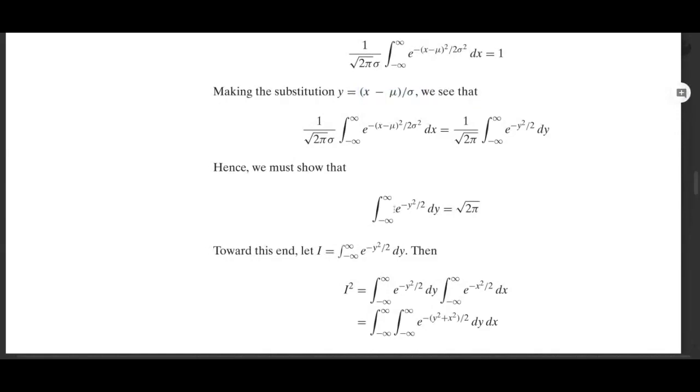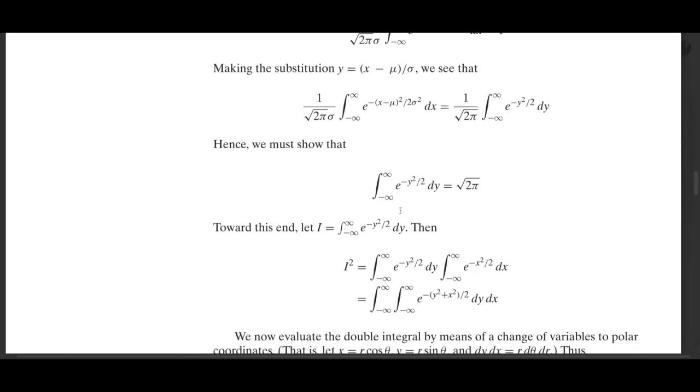But then we need to show this equals square root of 2 pi. How do we show it? We're going to make I squared. So let's call this one I. Then we'll calculate I squared. I squared, basically we have two of these, but when we use dy, we use y as variable, and when we use x as variable.